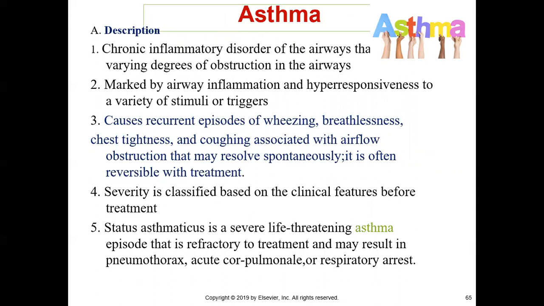So it is a chronic inflammatory disorder of the airway, with various degrees of obstruction in the airway, marked by airway inflammation and hyperresponsiveness to a variety of stimuli or triggers. It causes recurrent episodes of wheezing, breathlessness, chest tightness, and coughing associated with airway obstruction that may resolve spontaneously, and it is often reversible with treatment, but COPD is not reversible.